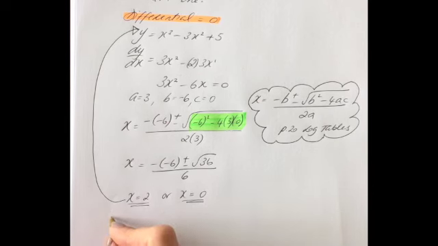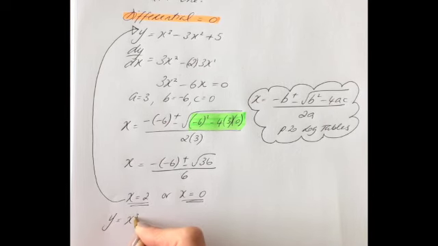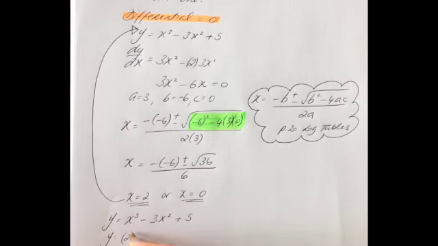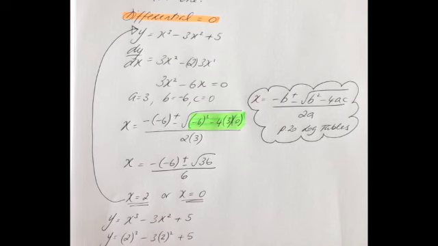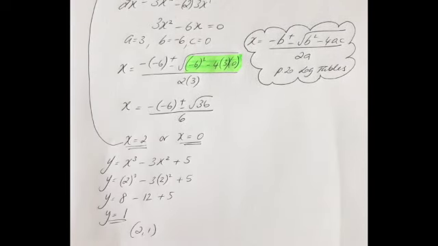So when x is equal to 2 and our y, of course, is equal to x cubed minus 3x squared plus 5, subbing the 2 in, I get 2 cubed minus 3 times 2 squared plus 5, which works out to be 8 minus 12 plus 5, which of course is 1. So 2, 1 is the first solution.